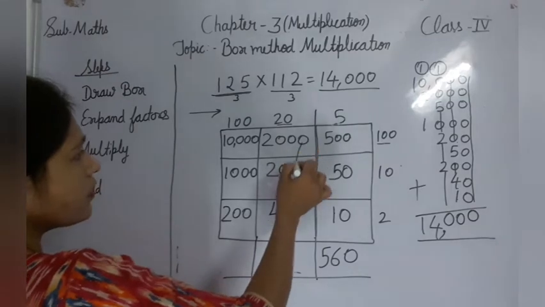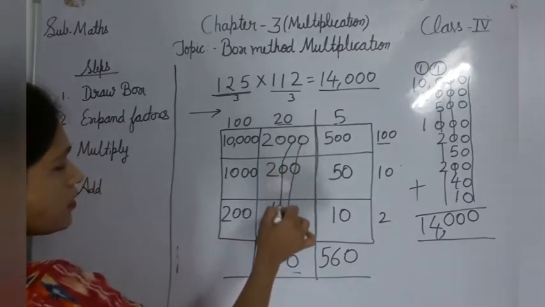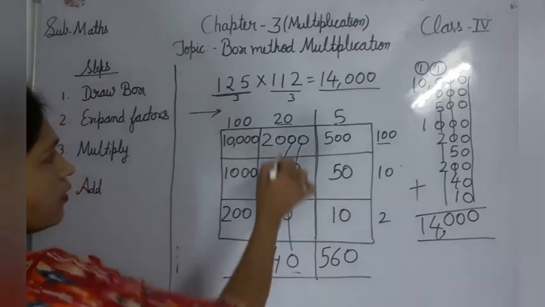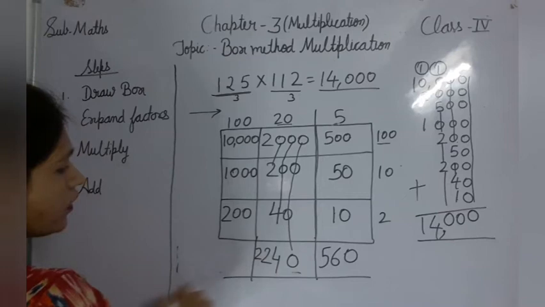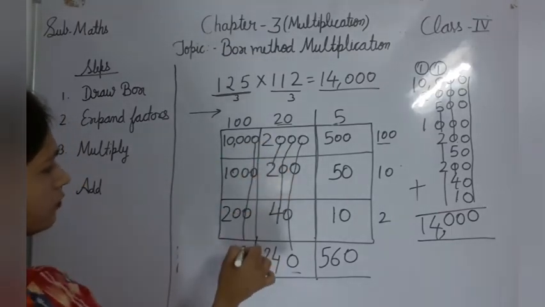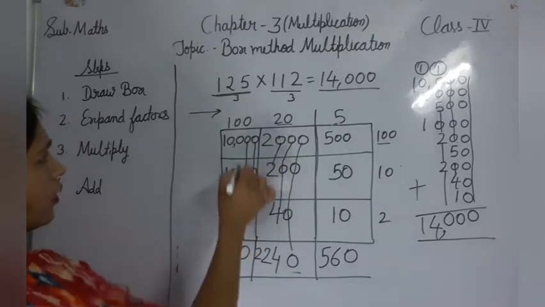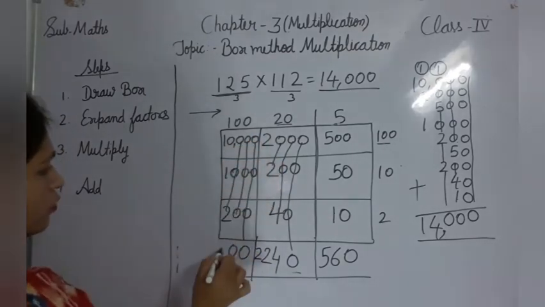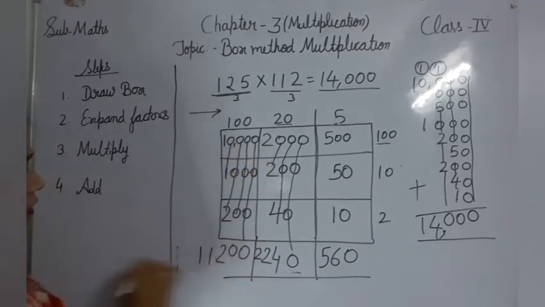And here the first one is 0. The second digit is 4. The third digit 2 and 2. And now here the first digit 0. Second digit 0. Third digit 2. Fourth digit 1 and the fifth digit is 1.